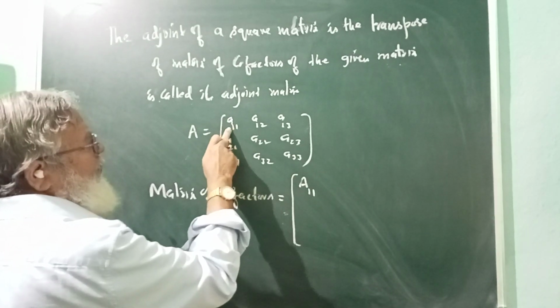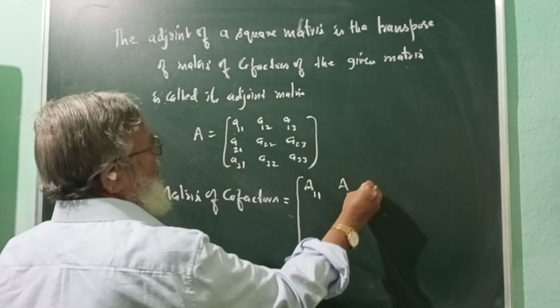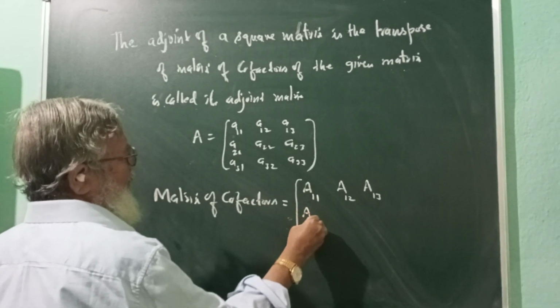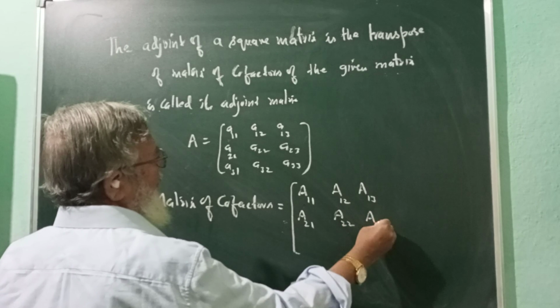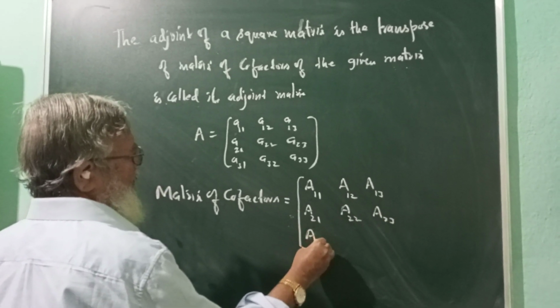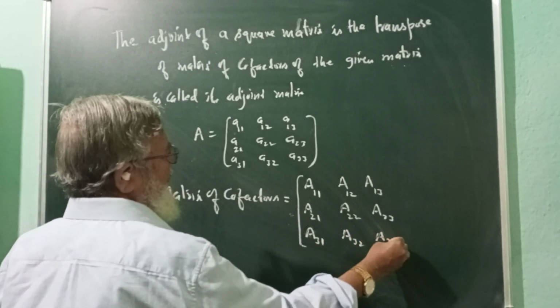the cofactor of a11, suppose capital A11, A12, A13, A21, A22, A23, A31, A32, A33.